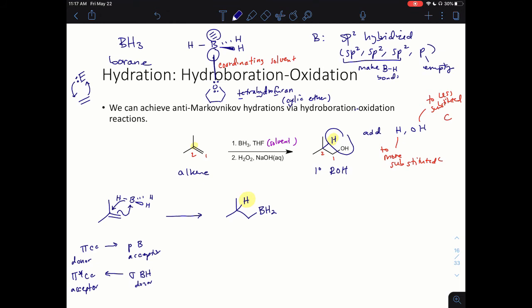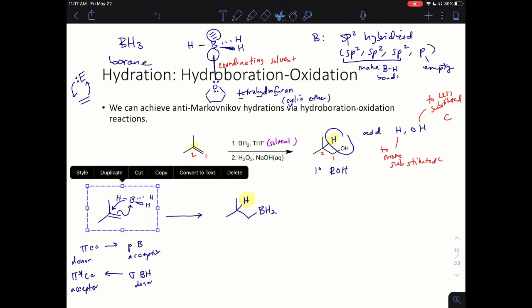Now, some of you are wondering, why does that happen? I'm going to tell you. If you don't want to know, you can skip ahead until you start seeing me drawing more stuff. So, all right, why does hydrogen add to the more substituted carbon here?